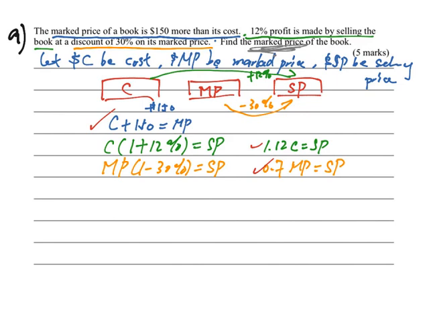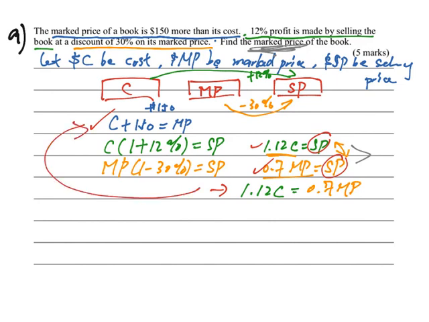So we can look at these two first. We can combine these two. Because they are SP, that means this 1.12C is equal to 0.7 mark price, because they are same. Next we will see when mark price becomes the subject. So for this situation we need to make C become MP.